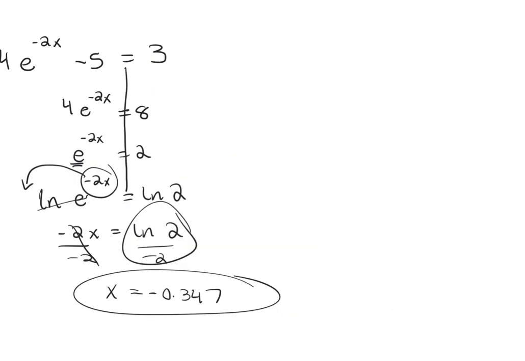Okay, let's do another example of an exponential equation. Base e to the power of x over 2 equals 7. This one is already isolated, so I can take the log of both sides. Base e just means take the natural log of both sides.